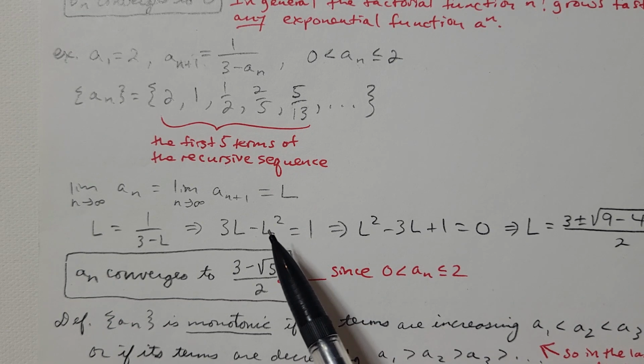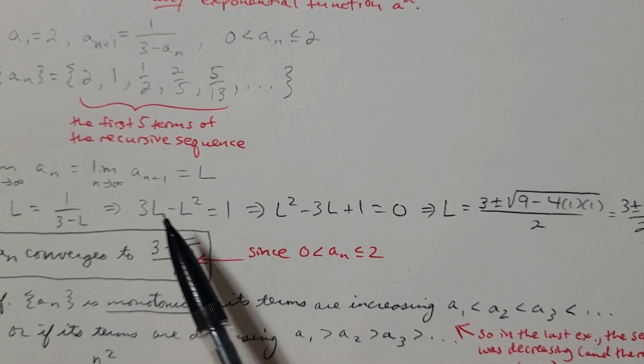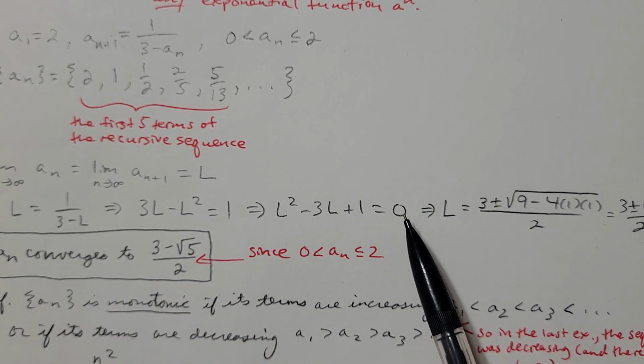And let me get all the terms on the right. Okay, so L squared minus 3L plus 1 equals 0.